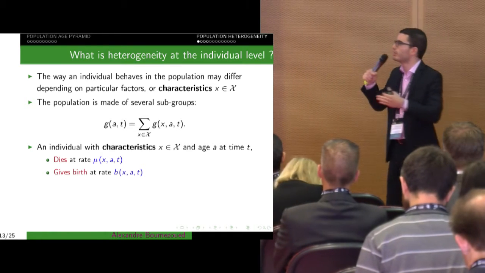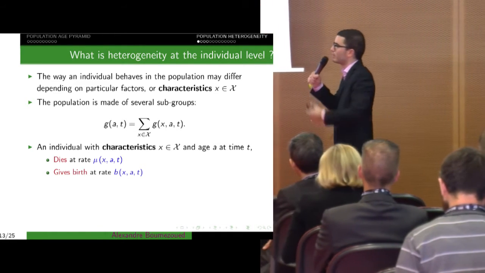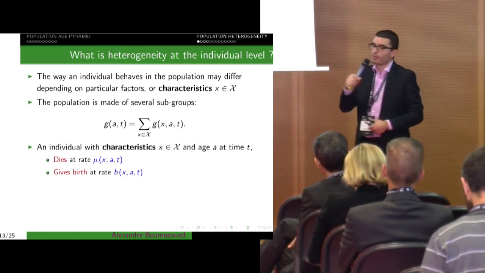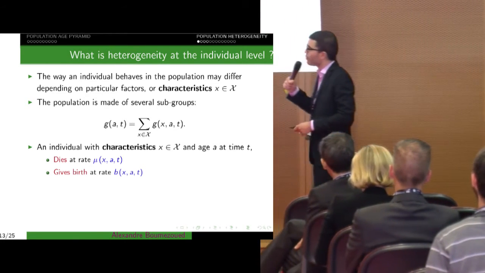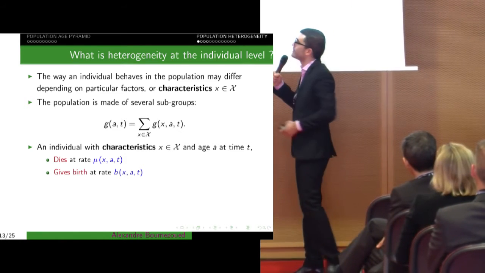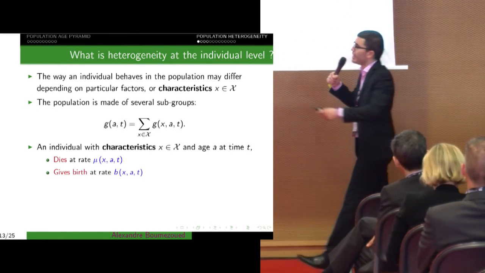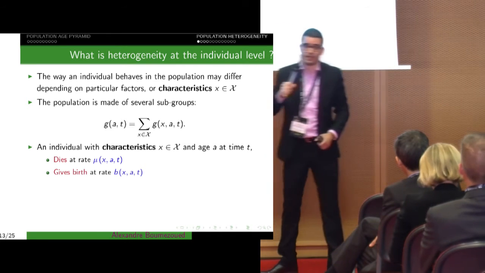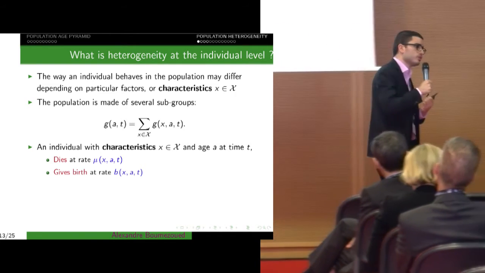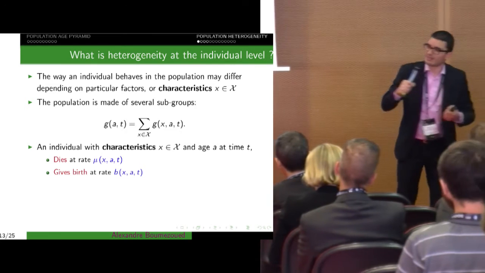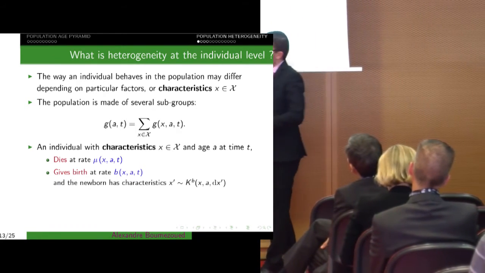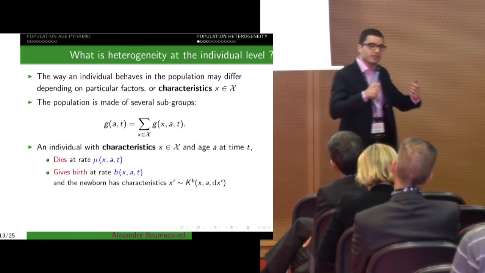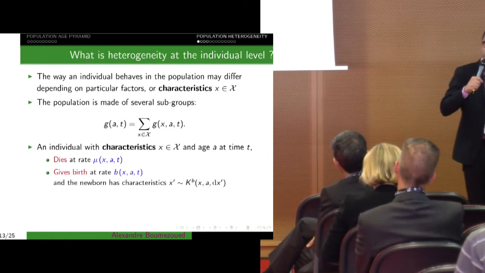Here, X is a characteristic, and you have a model of heterogeneous population dynamics. For those people with characteristics X, you define a death rate and a birth rate. But if you have heterogeneous population dynamics, this is not sufficient. You have to define the rule which states how new individuals inherit some characteristics.